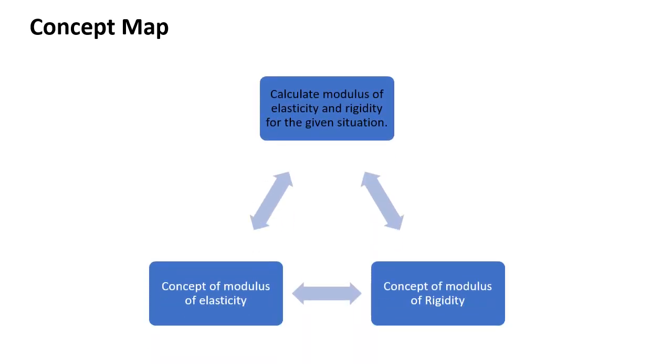Before proceeding with the lecture, go through the concept map of the unit outcome. For achieving this unit outcome, we have to understand the concept of modulus of elasticity and the concept of modulus of rigidity.